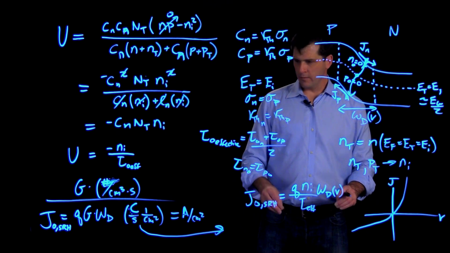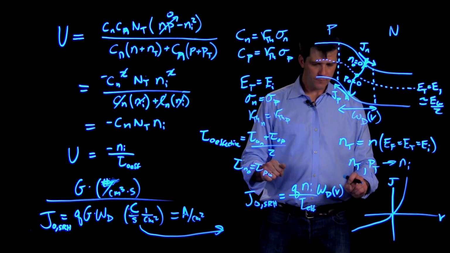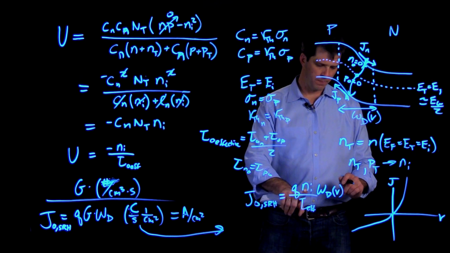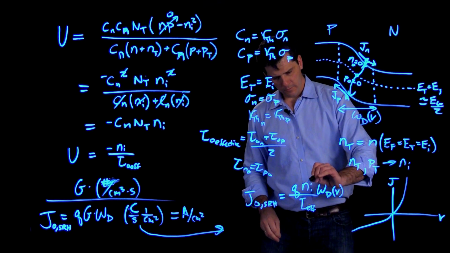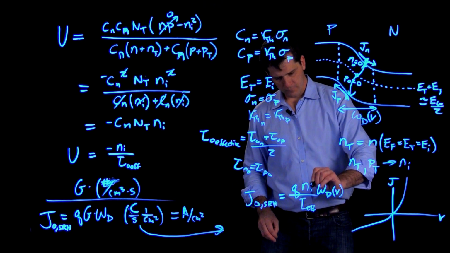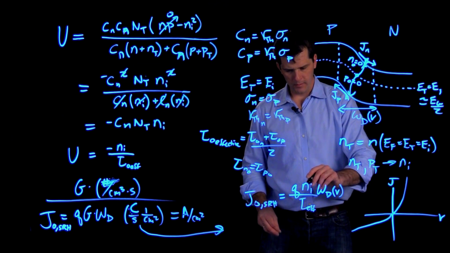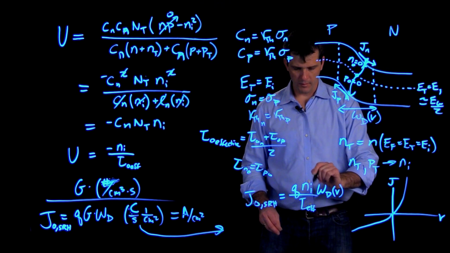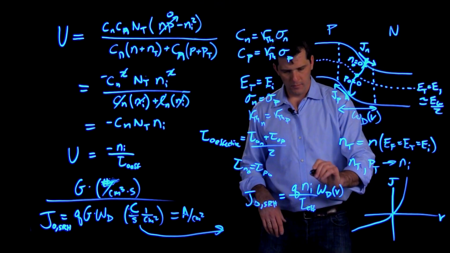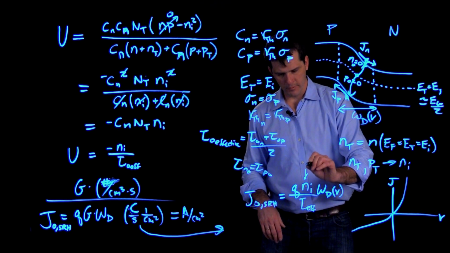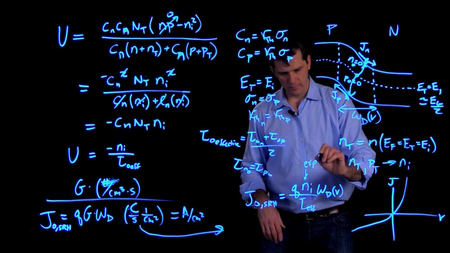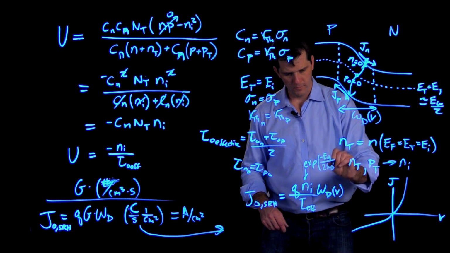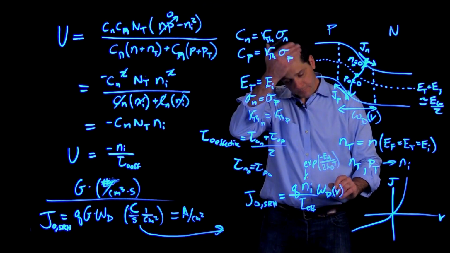Now, the other thing that we want to look at is the temperature dependence of Ni here. It turns out that because Ni instead of Ni squared appears in this expression, like it does for the ideal diode, the temperature dependence is exponential to the negative E gap over 2 kBT here.